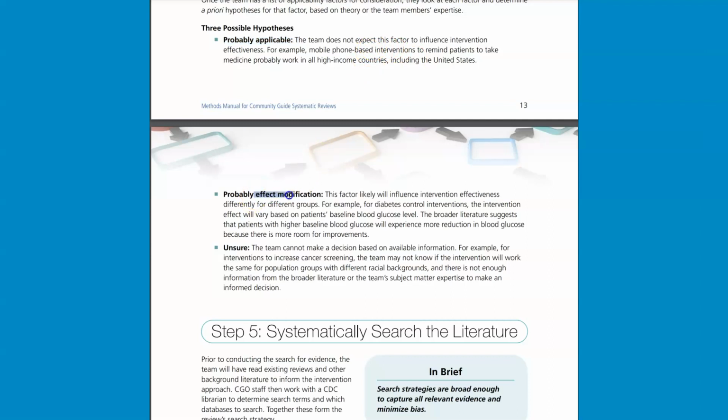Then there's effect modification. This is something that is heavily understudied. The idea is that the factor likely will influence intervention effectiveness differently for different groups. This was seen with the COVID vaccines with age groups. Different age groups were affected differently. Different races were affected differently.